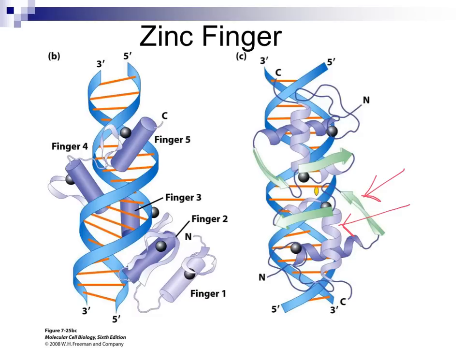Those represent what is known as a beta sheet, which is another kind of two-dimensional or secondary structure of a protein. Also, as the name suggests, zinc molecules, which here are represented as the black circles, are part of this motif.